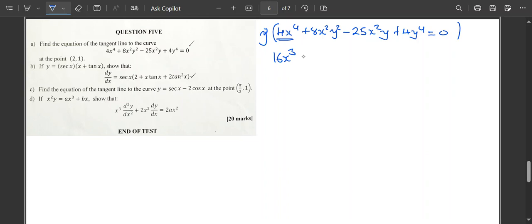Then here is a product. There are two things involved. So long as x and y are involved, it's a product, so you differentiate the two. By the way, 8 is constant.